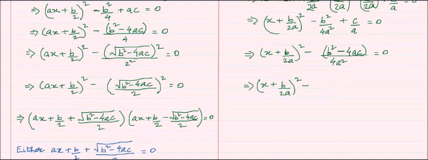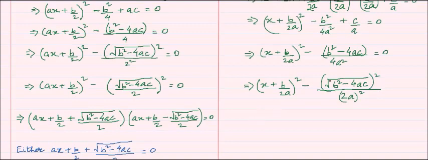Nothing to worry about that, and we know how to get this converted to a perfect square form. We have done this, the same thing over here. So we write it is under root b square minus 4ac whole square divided by 2a whole square, right?